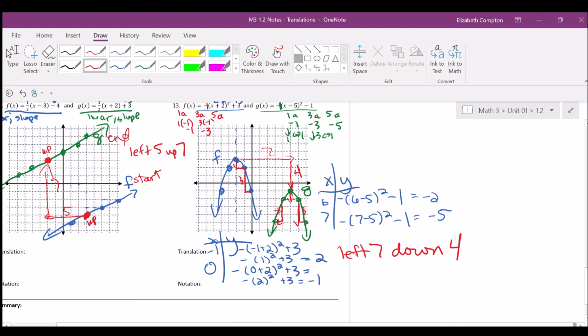And we're not going to worry about the notation. We're just going to talk about the words. So here's those answers. Wow, I just wrote left 7 and it's actually right 7. Because we're going from F to G, right 7, down 4. Glad I caught that.